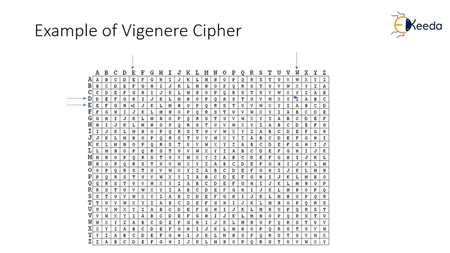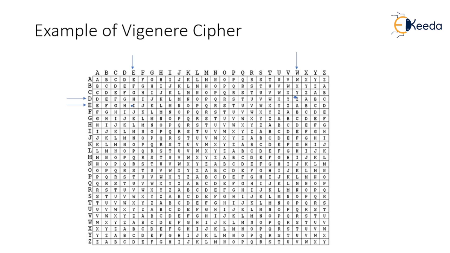Now here you can see with the arrows, the letter D is being considered as the letter for the row, and the letter W is being considered as the letter for the column.